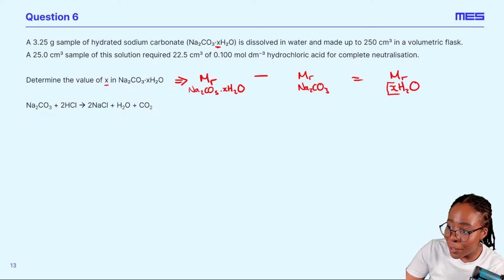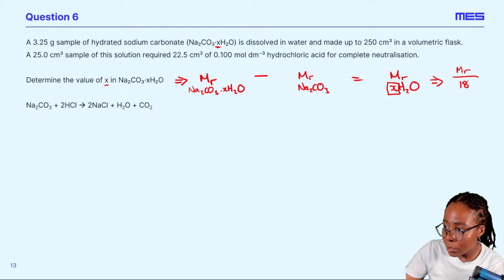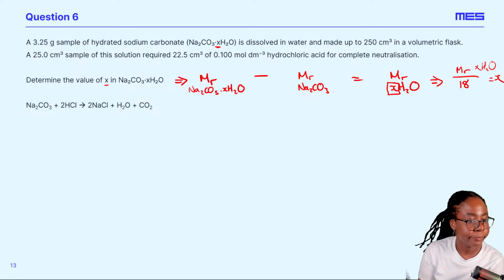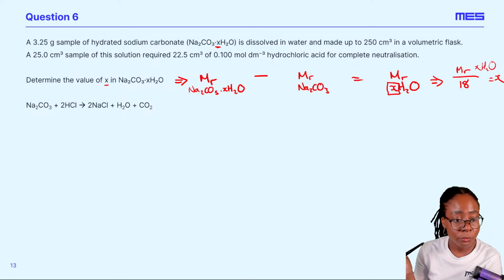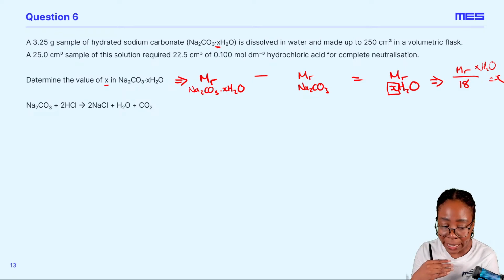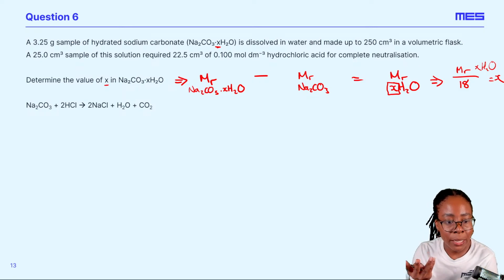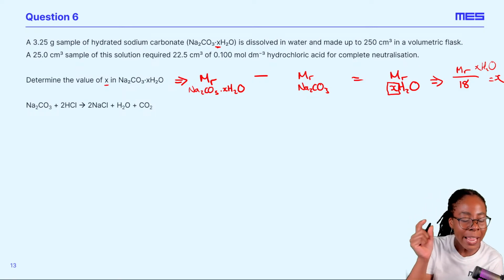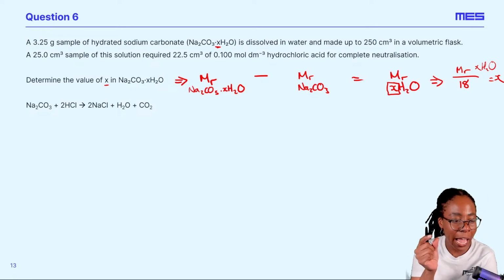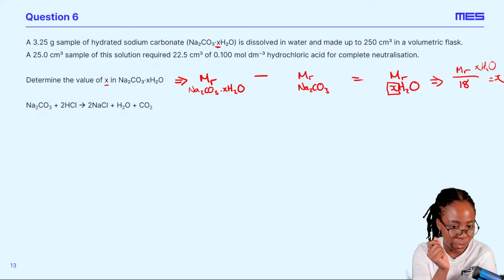Then to calculate the value of X, you take your MR of your X waters and divide by the MR of water, which is 18, and that gives you X. That's your approach, right? Use the calculation information to calculate the MR of the whole thing, and then from there you can figure out how much of that is water and how much of that is just the salty bit.